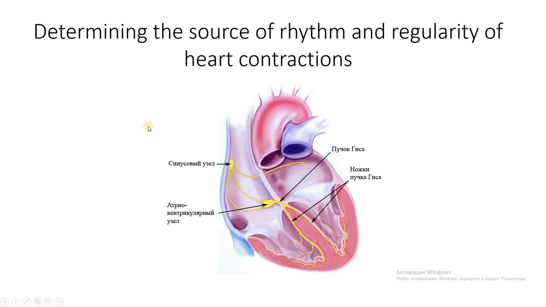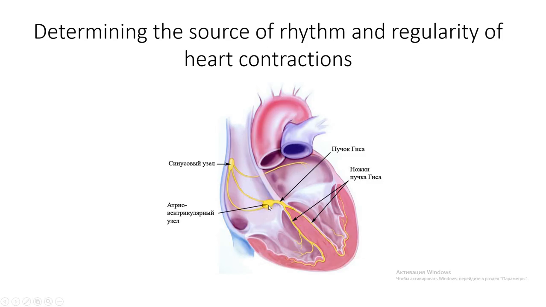Next one, determining the source of rhythm and regularity of heart contractions. Normal sinus node produces impulses, but sometimes in pathological situations, impulses can be produced by the atrium, middle part of atrium, down part of atrium, sometimes the AV node.